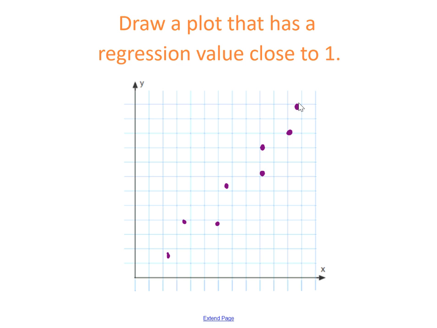Now we want something that is close to 0. So I'm just going to put dots all over my page here. As you can see, there is no real pattern to how I'm doing it. The dots are just sort of all over the place. So we would say our regression value is close to 0.